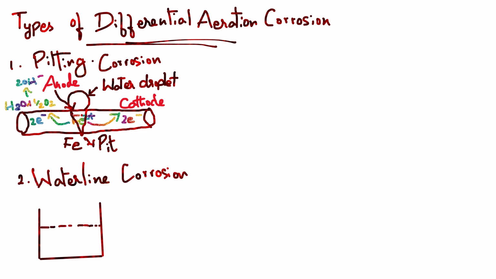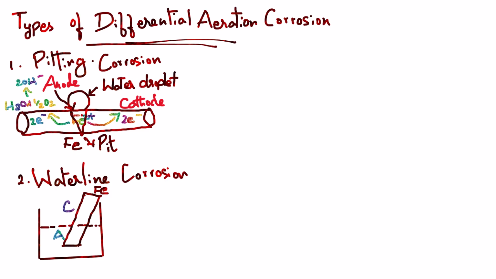Waterline corrosion: consider a beaker with electrolyte and a metal, iron, placed inside the solution. The portion inside the water is less aerated, it will act as anode and undergo oxidation.